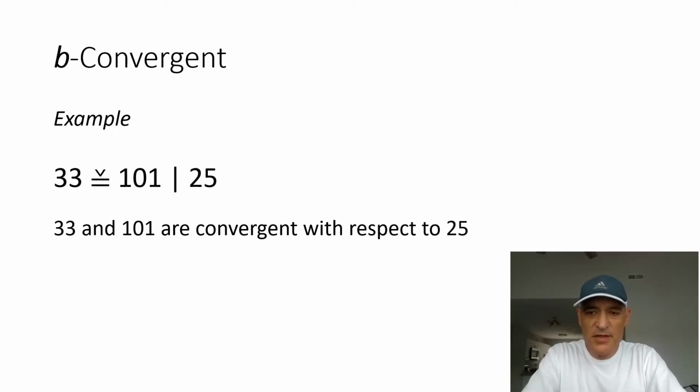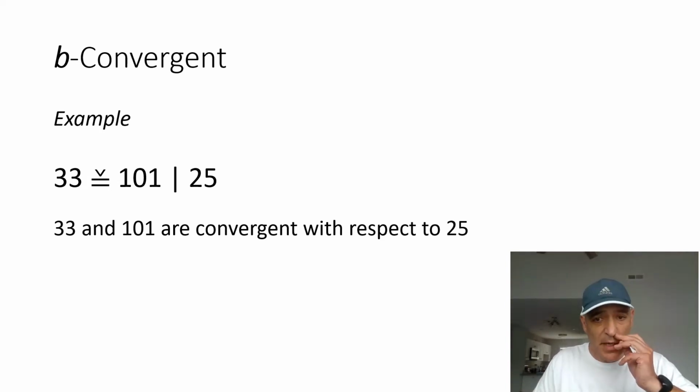B convergence is very similar to A convergence, the difference being that the first integer, in this case 33, is subject to operation B rather than operation A. But apart from that, it is the same idea entirely. So 33 and 101 are convergent with respect to 25.